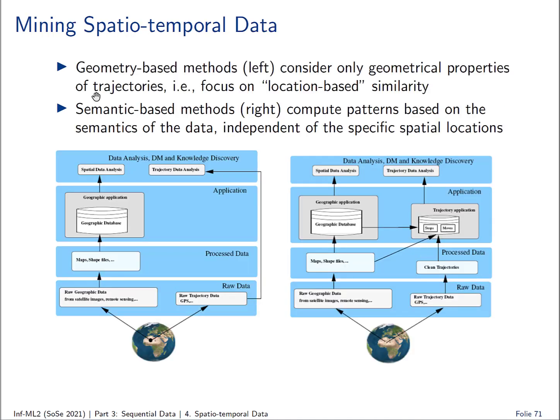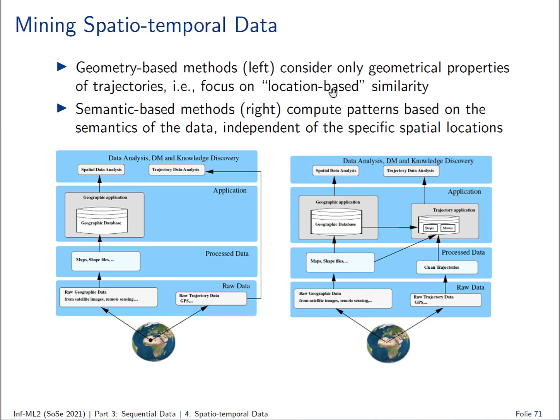So what is geometry-based and what is semantic-based? Well, geometry-based approaches, that is left here, consider only the geometrical properties of trajectories, obviously. So for example, we focus on so-called location-based similarity. So we only care, of course, about the temporal domain, but especially about the spatial location at the particular time slots.